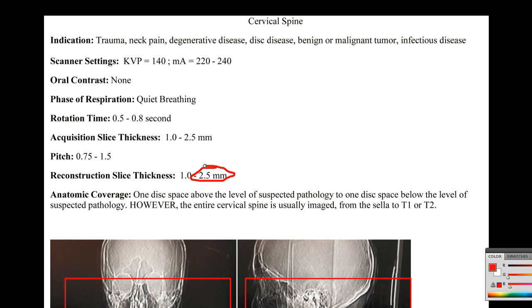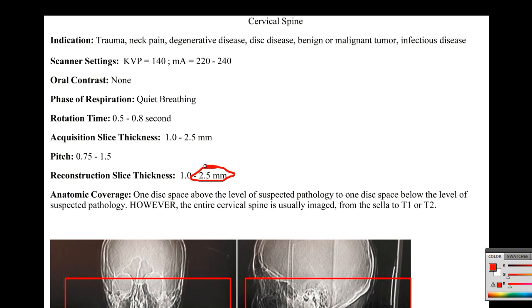The anatomic coverage, the books kind of go a little different than typically what is actually done in the field. The book says 1 disc space above the level of suspected pathology to 1 disc space below the level of suspected pathology. However, the problem with this is that we're not really in the position to suspect pathology or anything like that.